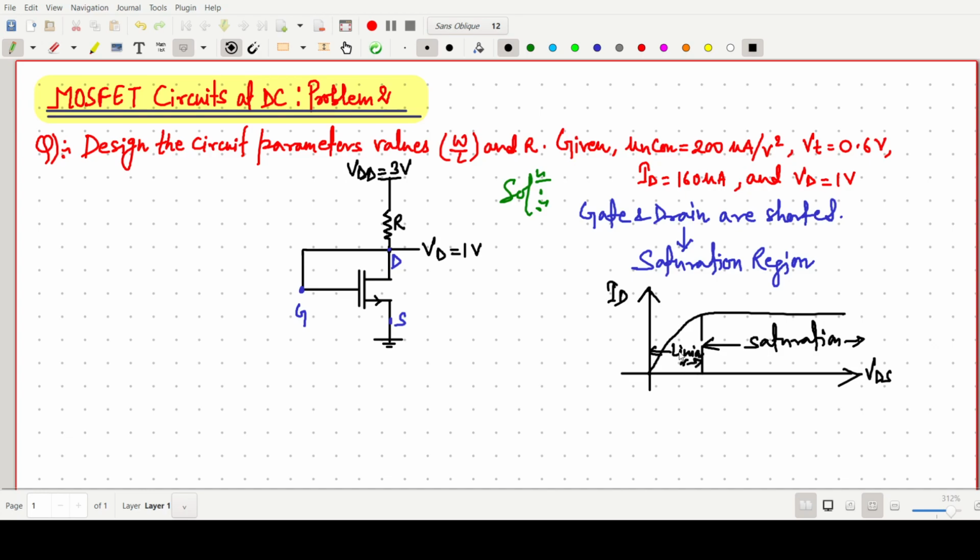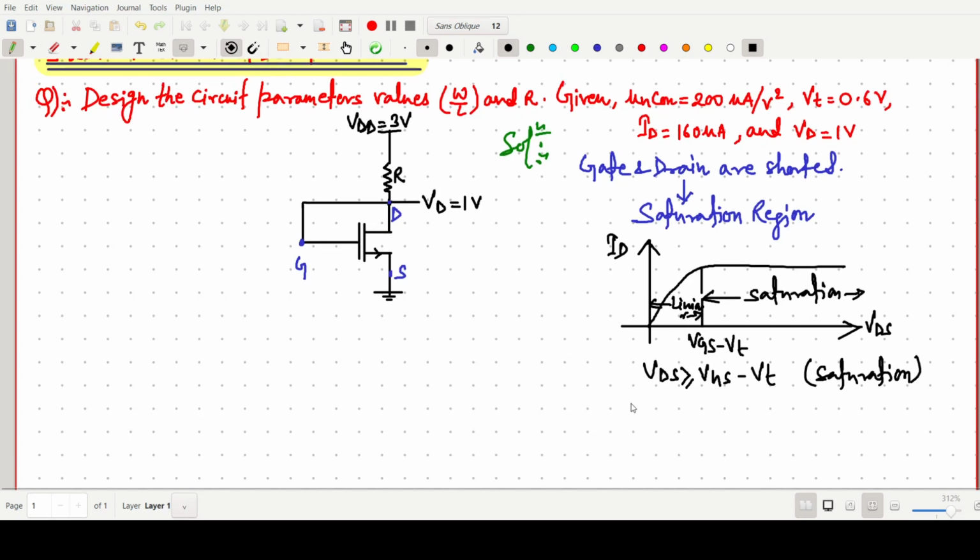For the saturation region, VDS should be greater than or equal to VGS minus VT. This is the basic concept, but every time I note it down. And if VDS is less than VGS minus VT, then it is in the linear region.